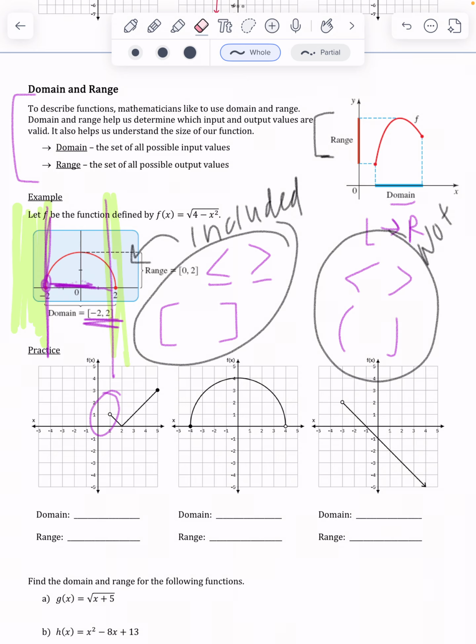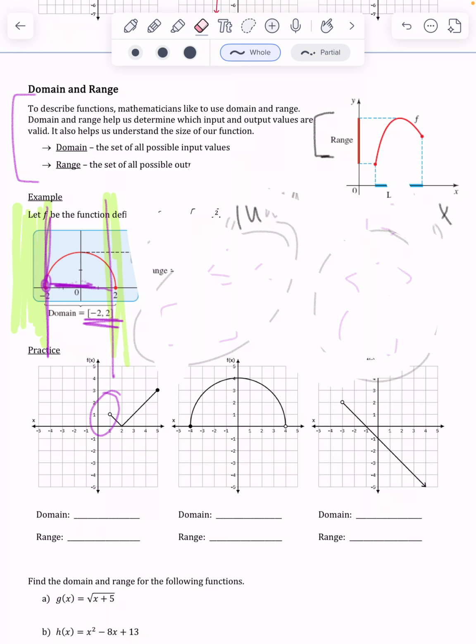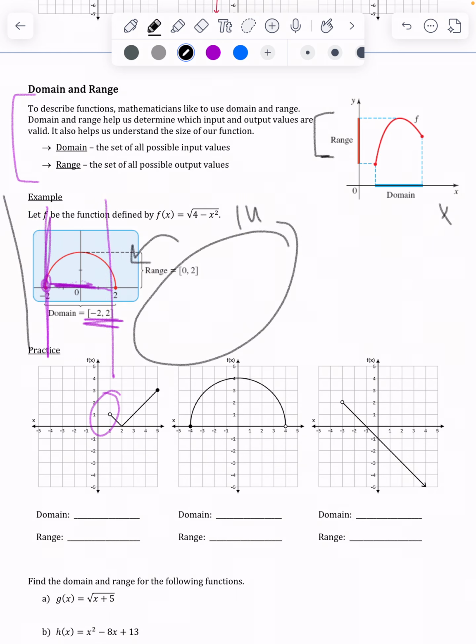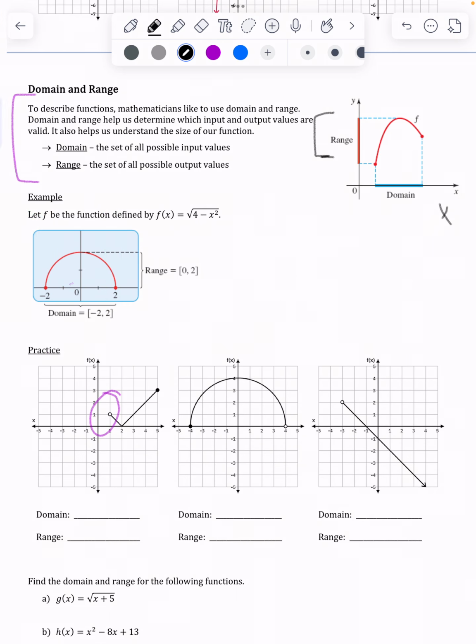Okay, please pause if you need to write because I'm going to erase. And then for the range, again, domain, we go left to right. Range, we go bottom to top. So I'm like, okay, nothing is happening to the y's. And then all of a sudden, boom, my first y value is at 0, right?